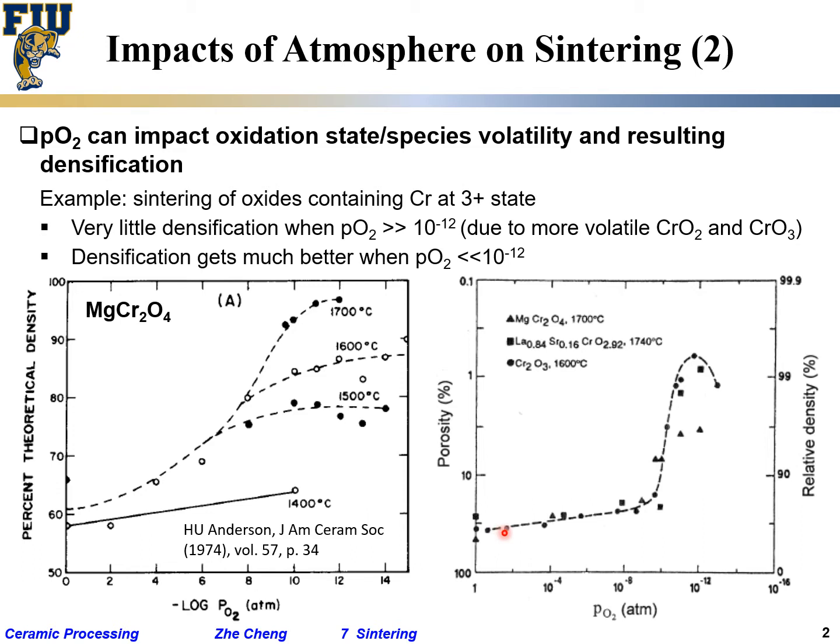It's only when you reduce the oxygen in the system that we can get here. Of course, you still have to heat them up to an adequate temperature, right? You cannot expect full densification even if you are using a reducing atmosphere. If your temperature is only 1000, you still do not get to here. Make sense?